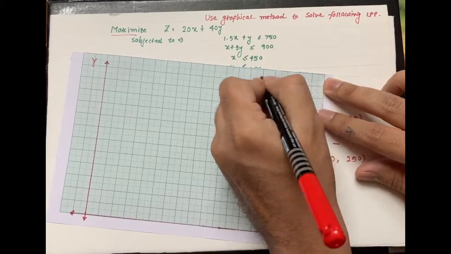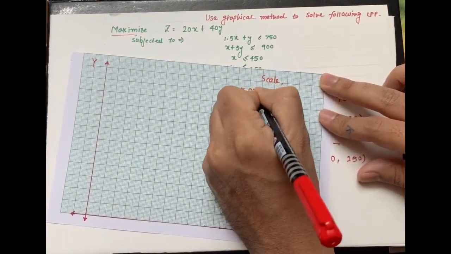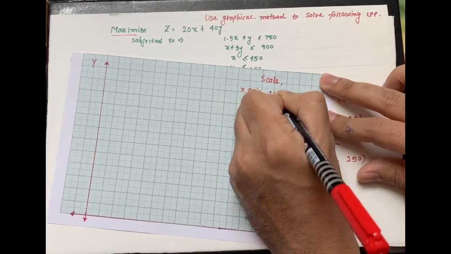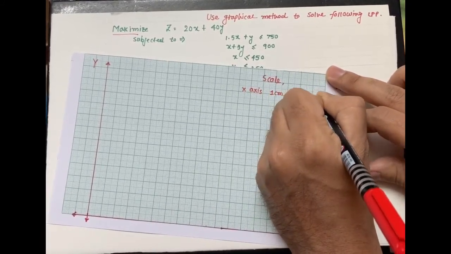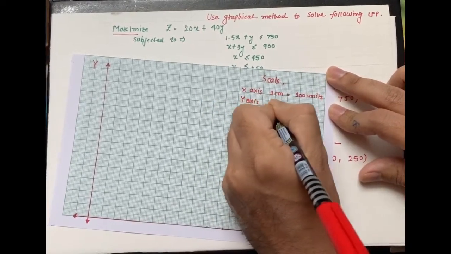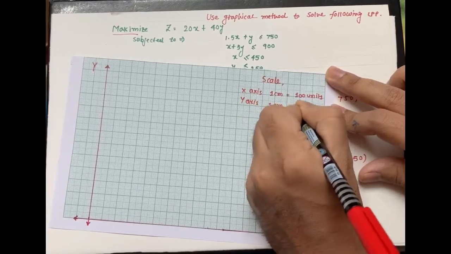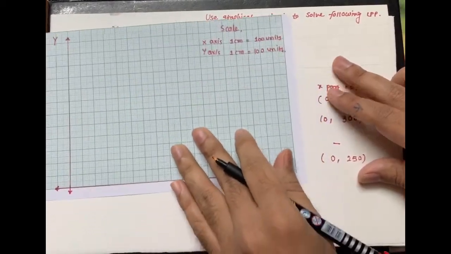So I am writing my scale here. For x-axis, 1 centimeter equals 100 units, and for y-axis, 1 centimeter equals 100 units. I have taken this scale.